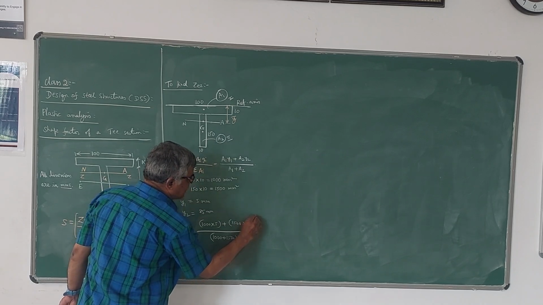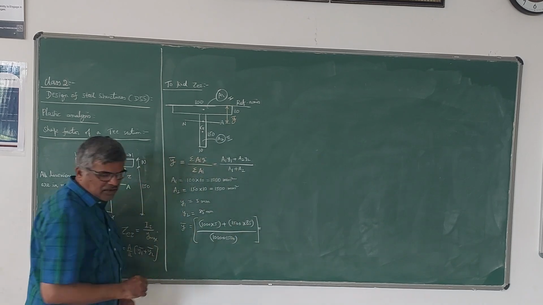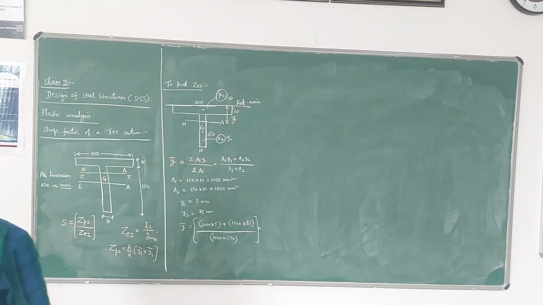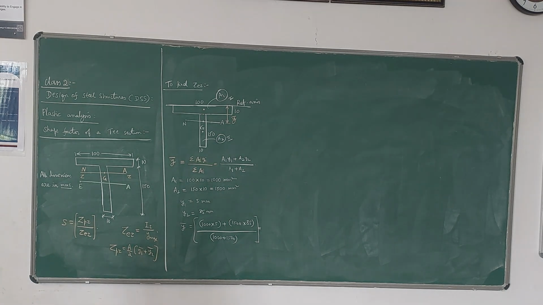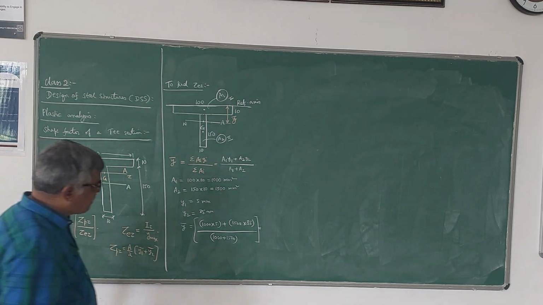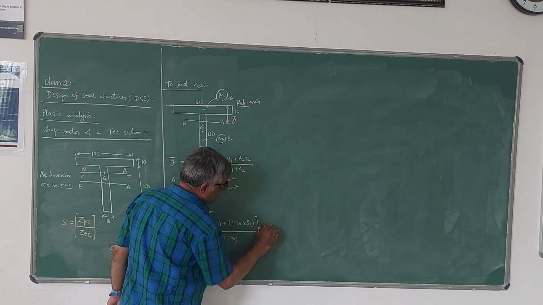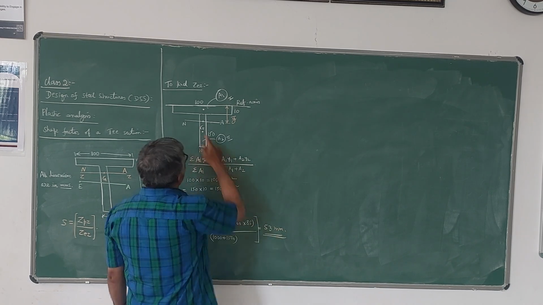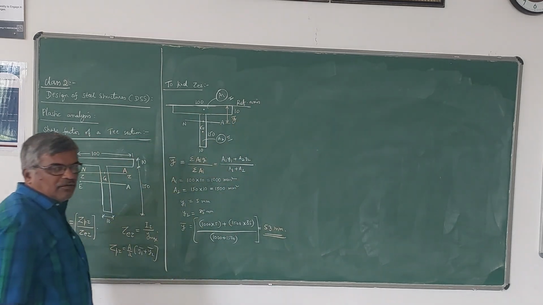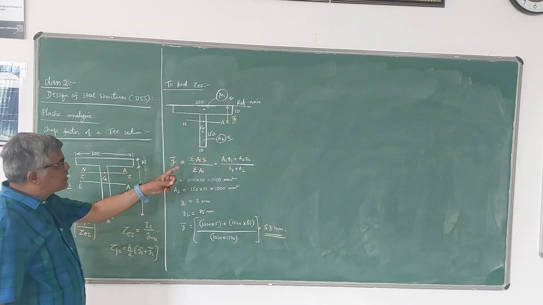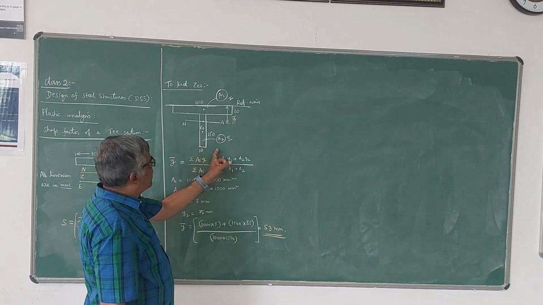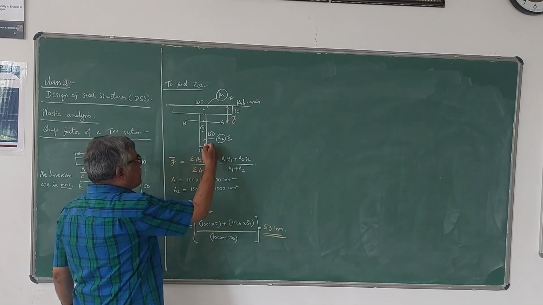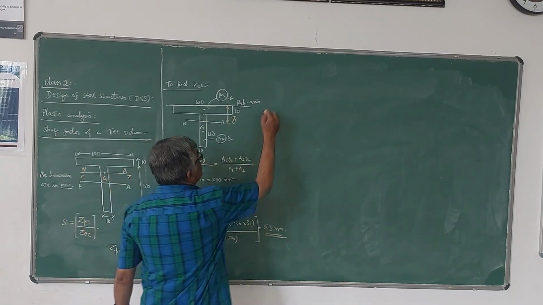If you simplify this, you will get Y bar as 53 mm. So the distance of the centroid of the T section from the top of the flange is 53 mm. You can always find it from the bottom also. That's all. So this is Y bar.